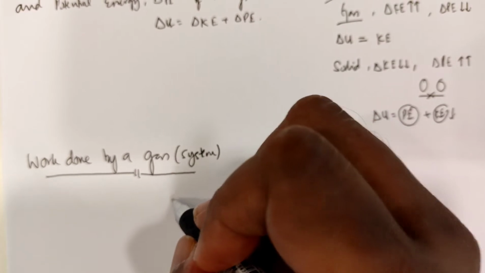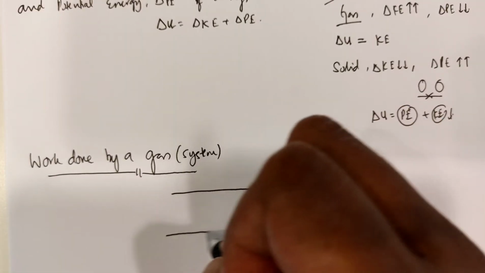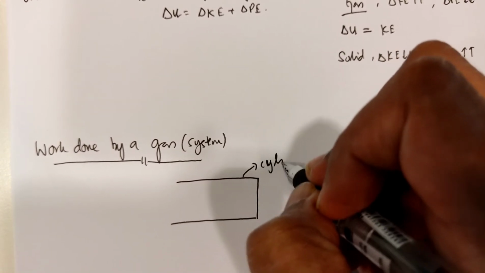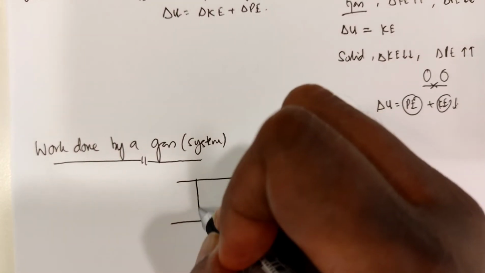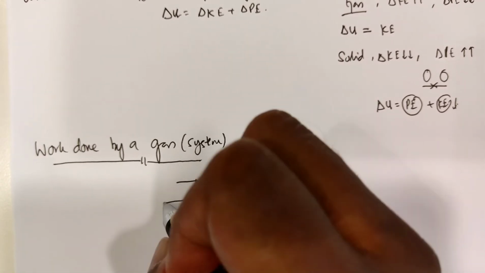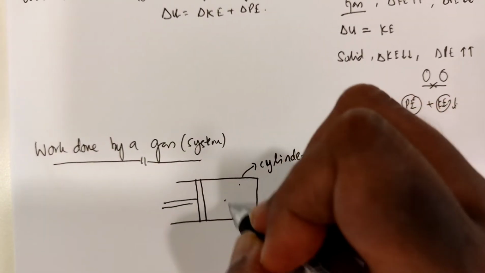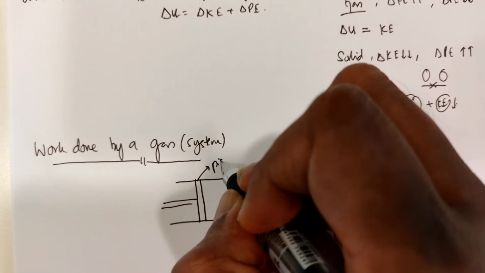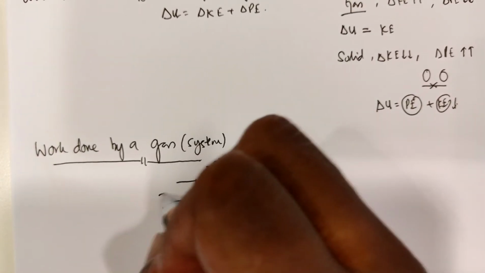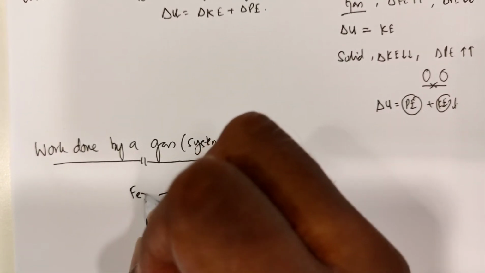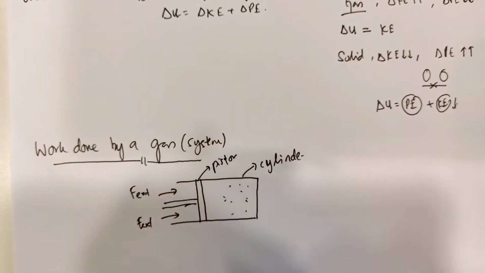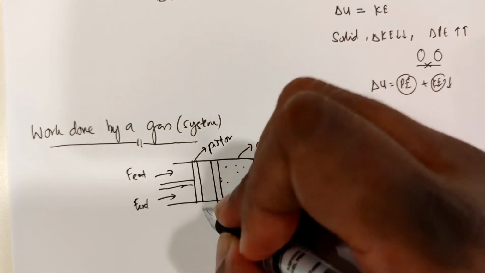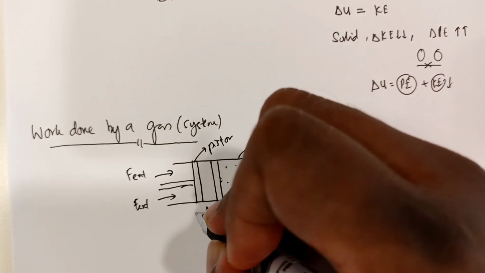For example, if you have a cylinder like this, and in this cylinder there is a piston, and there's gas inside the cylinder. When you apply an external force on the system, the piston is going to move through a distance of delta x.